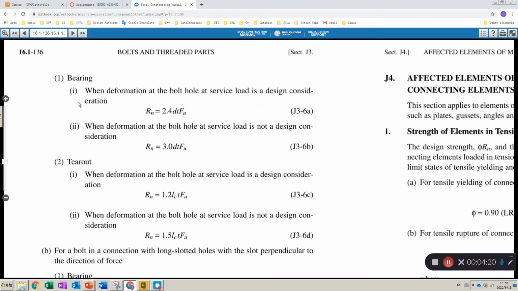For a standard hole, where service load is the design consideration, the bearing capacity Rn is equal to 2.4 times d, the diameter of the bolt, times t times Fu.